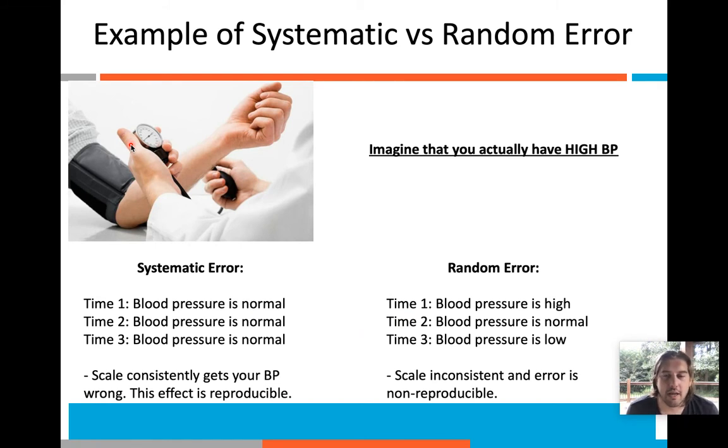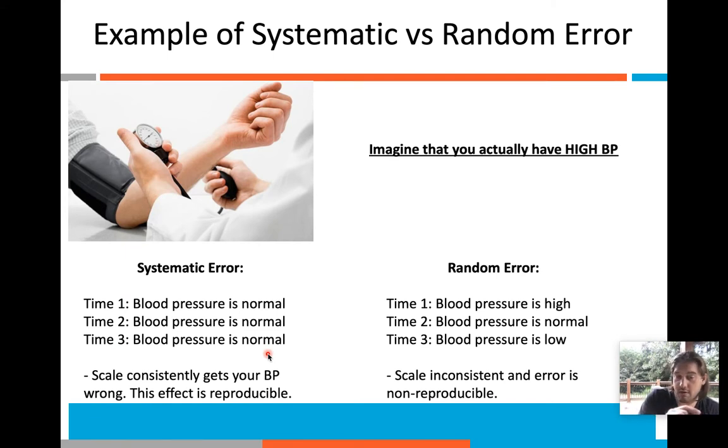So let's say that you actually have high blood pressure. That's the truth. That's the reality of the world. You actually have high blood pressure. Systematic error would be taking your blood pressure 3 times and it says that you're normal every time, even though you're not, right?